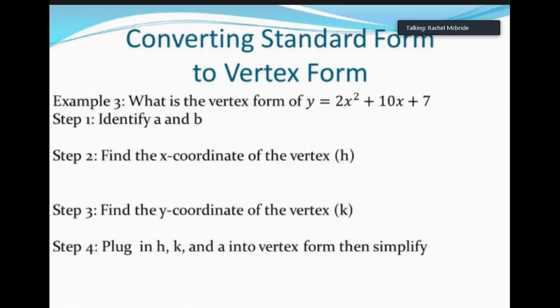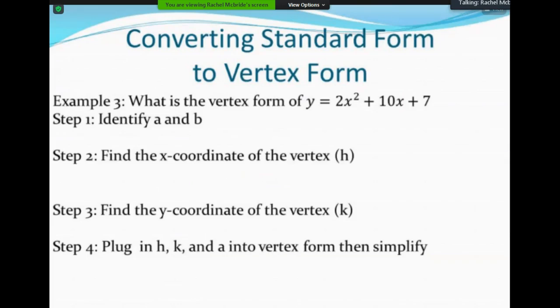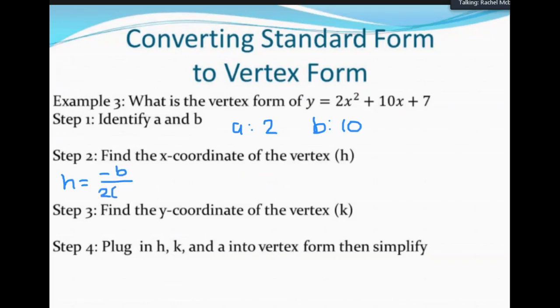When converting standard to vertex form, we're pretty much going to do the same steps we just did previously. You're going to identify A and B. So A is 2 and B is 10. We find the h value by applying the formula negative b divided by 2a.